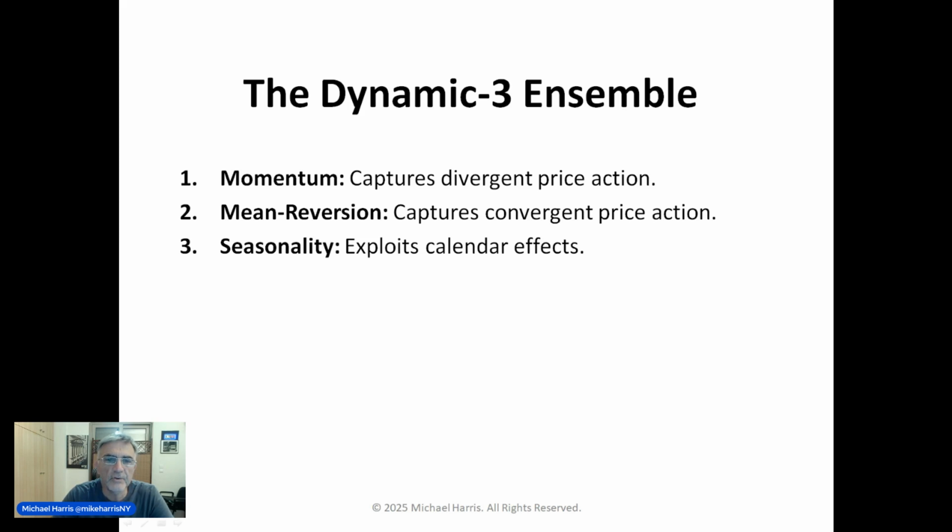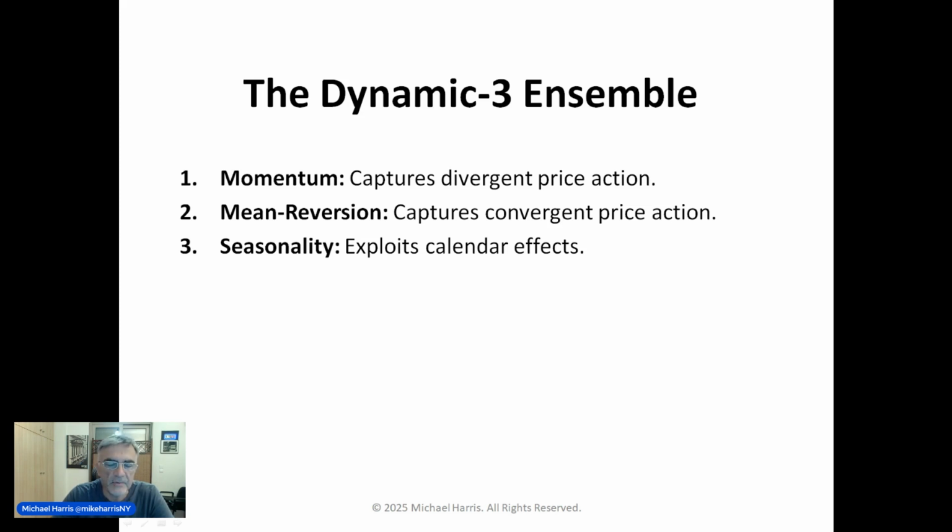Momentum captures the divergent price action. Mean reversion captures the convergent price action. I would like to emphasize here that there are many different types of mean reversion. We focus here on reversion to some trend.